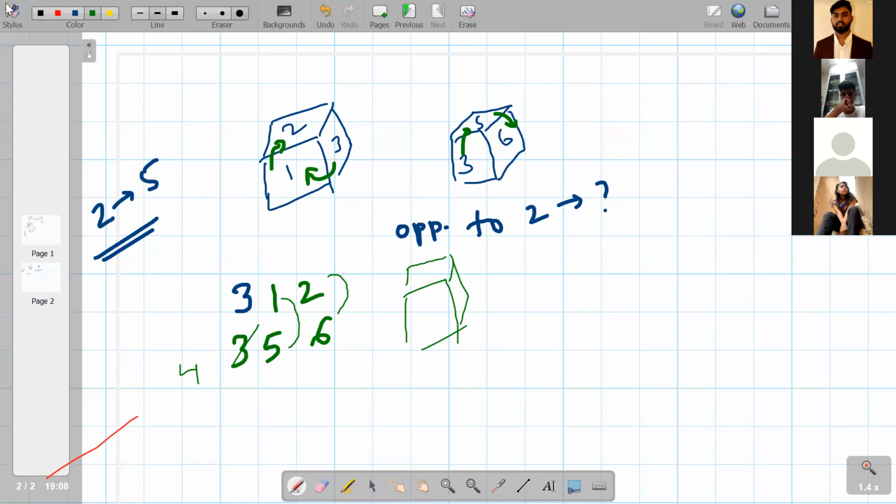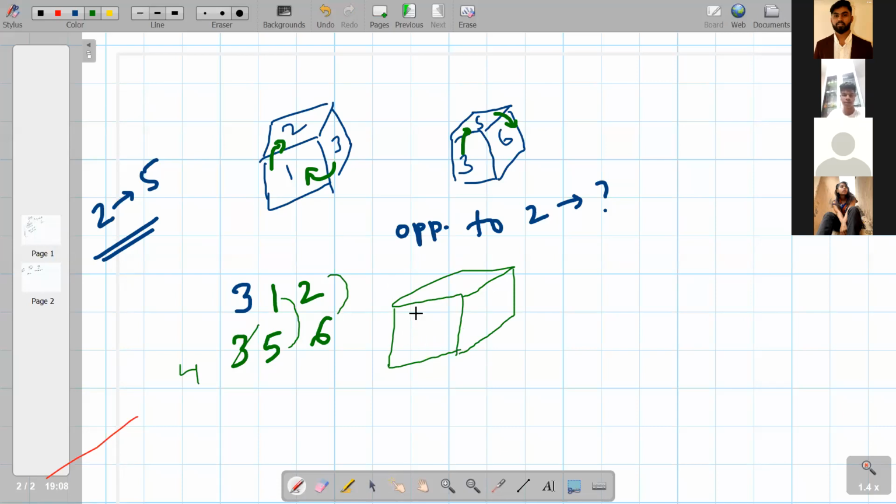Sir, 6 will be opposite to 2, right? Yes, 6 and 2 will be opposite. 1 and 5 will be opposite each other, and 3 and 4 are opposite to each other.